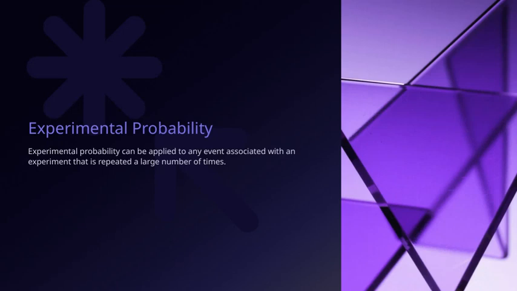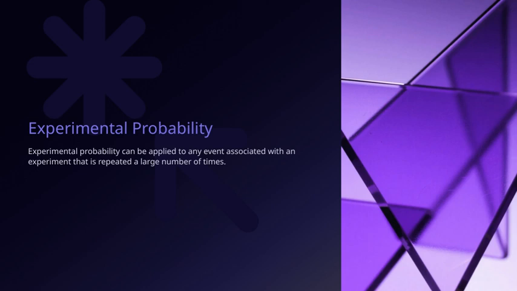Experimental probability can be applied to any event that is part of an experiment, especially when that experiment is repeated many times. The idea is that by performing a large number of trials, we can get a better estimate of the likelihood of an event occurring. This approach is really useful because it relies on actual data from experiments rather than just theoretical calculations.